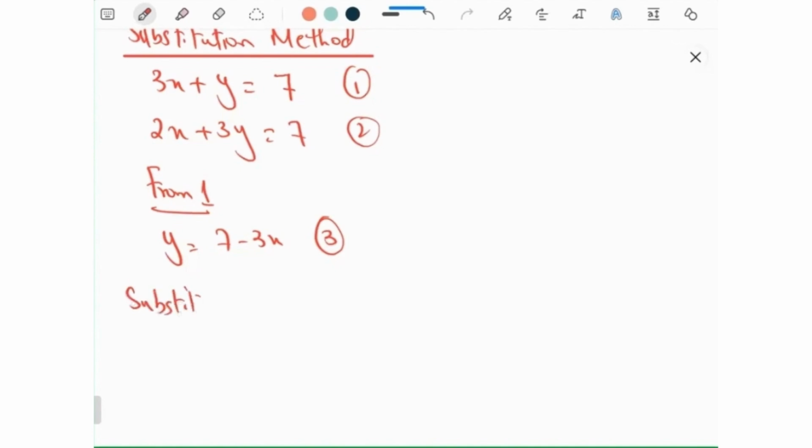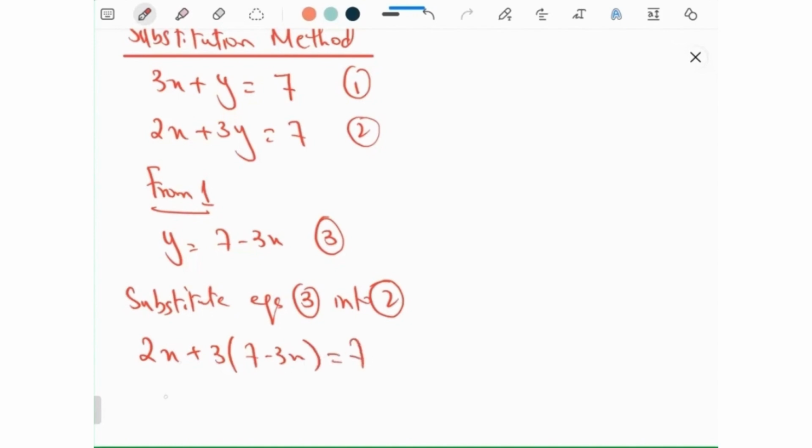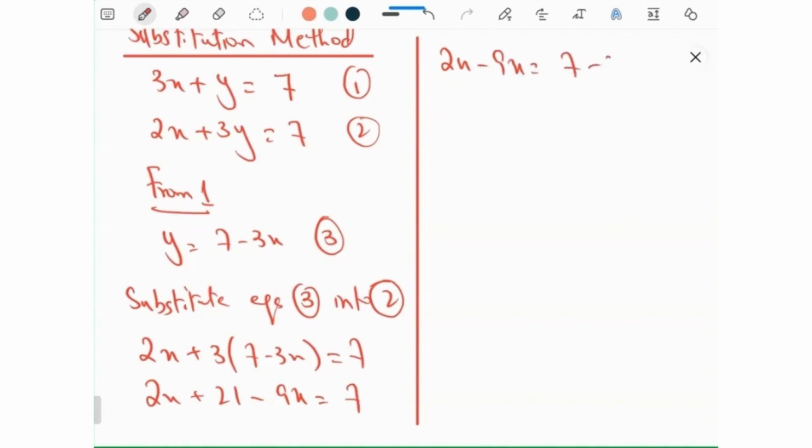Substitute equation 3 into 2, because I have derived the third equation from the first equation. 2x plus 3 into (7 minus 3x) is 7. 2x plus 21 minus 9x is 7. 2x minus 9x, 7 minus 21, minus 7x is minus 14, x is 2.